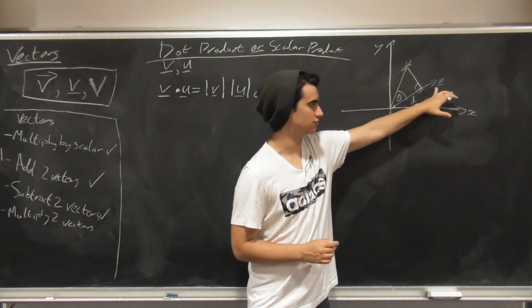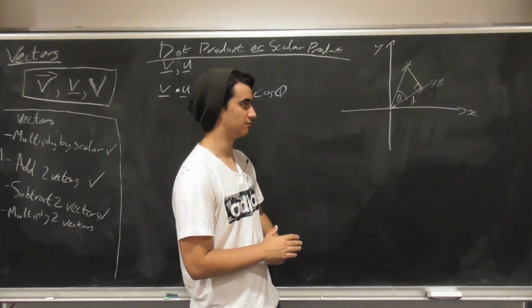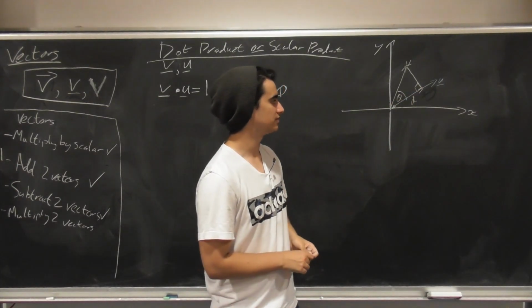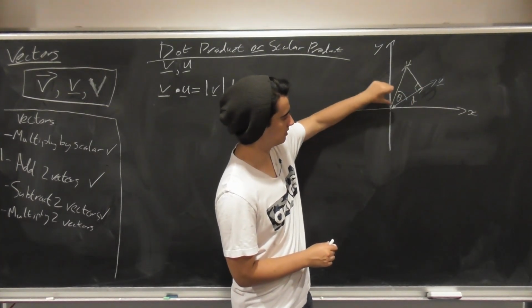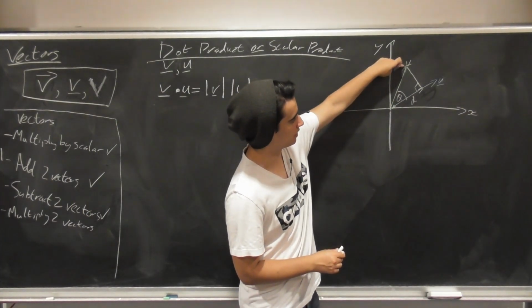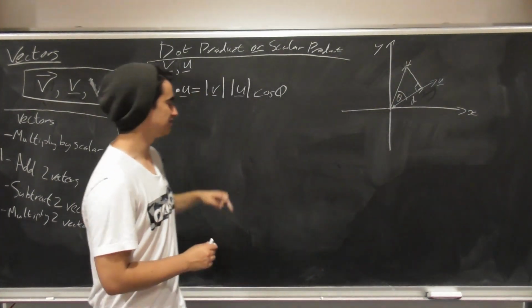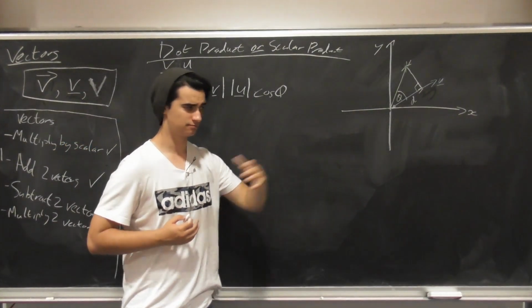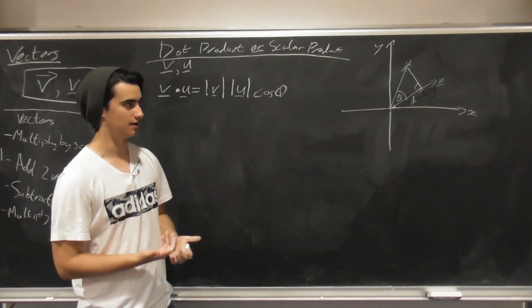We can use our trig functions from the beginning to find out this distance d. If we take the distance from the origin to this point at the top of v, this is the same as the magnitude. It's how big the vector is, the general size of it.